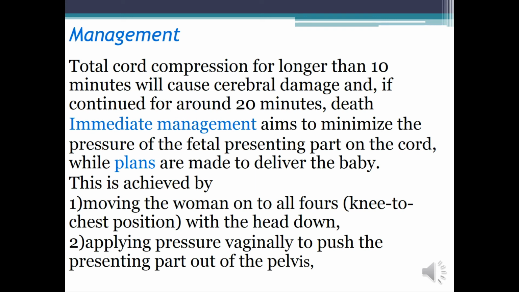This is achieved by moving the woman onto all fours, knee to chest position. We change the woman from the supine or lateral position to knee to chest position with the maternal head down, applying pressure vaginally to push the presenting part out of the pelvis.